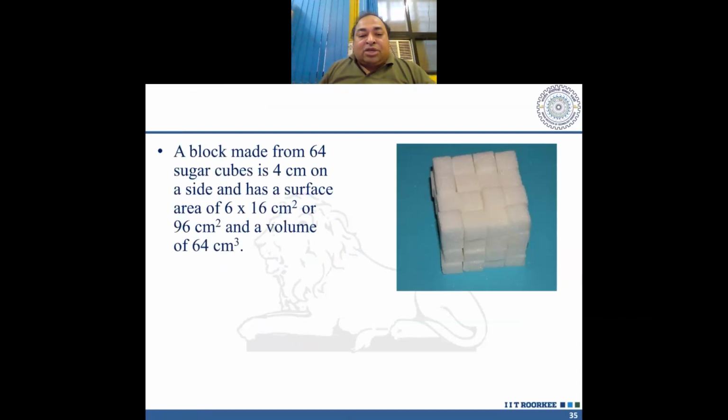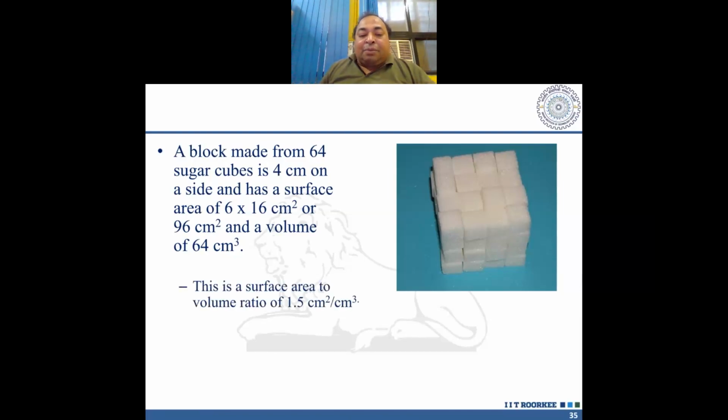Now, if you take 64 such sugar cubes to make a block, you have a 4 centimeter length on each side and a surface area of 6 into 16 centimeter square, or 96 centimeter square, and a volume of 4 into 4 into 4, 64 centimeter cube.